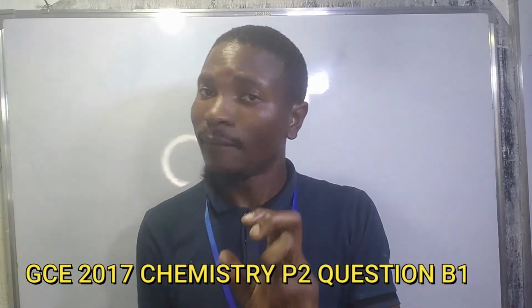Of course, we have not tackled acids and bases, but this question is still about the mole concept, so don't worry about that. We will also find the mass of a substance produced in a neutralization reaction.